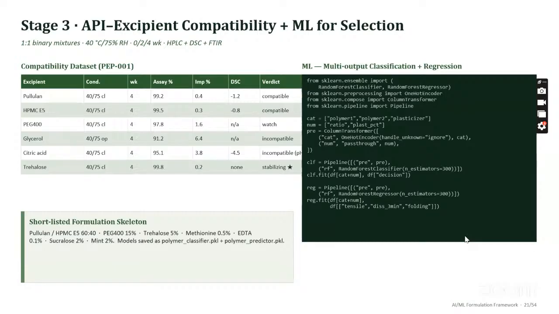In the supervised learning models, it will give you this code: the polymer, polymer 2, plasticizer ratio, and column transformer. You should give the code like this. First, you download these libraries, give the code, and run it. Then you will get the results. When you are using huge numbers of compounds, like 100 or 200, this will be very useful for you to analyze the compounds. Clear?